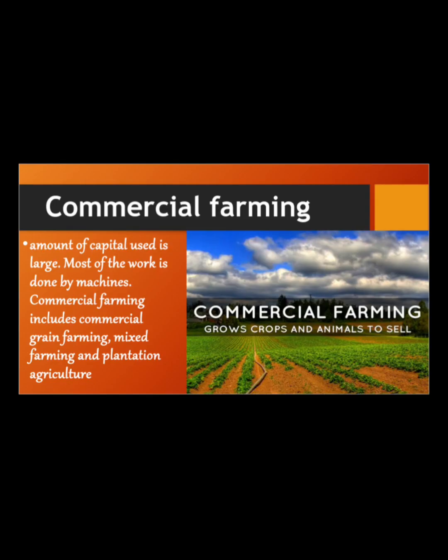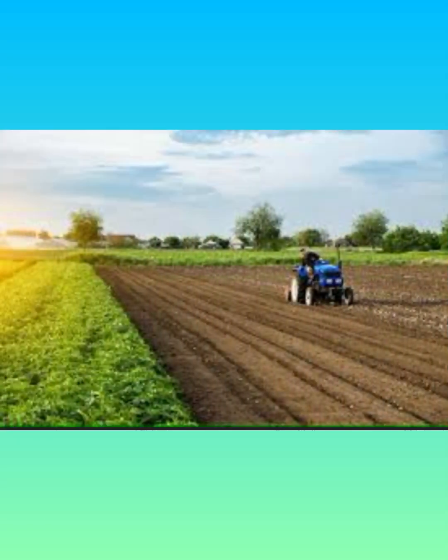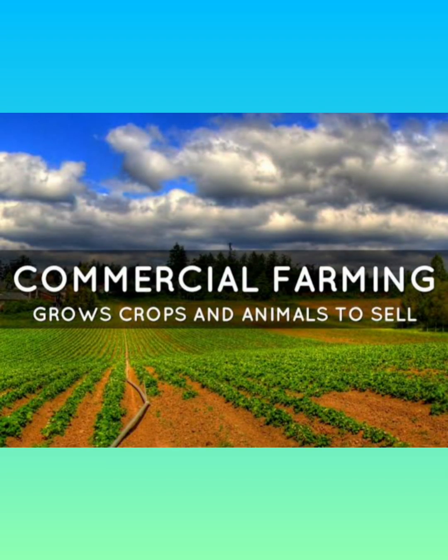Dear students, now commercial farming. In commercial farming, crops are grown and animals are reared for sale in the market. Most of the work is done by machines. Commercial farming includes commercial grain farming, mixed farming, and plantation agriculture.